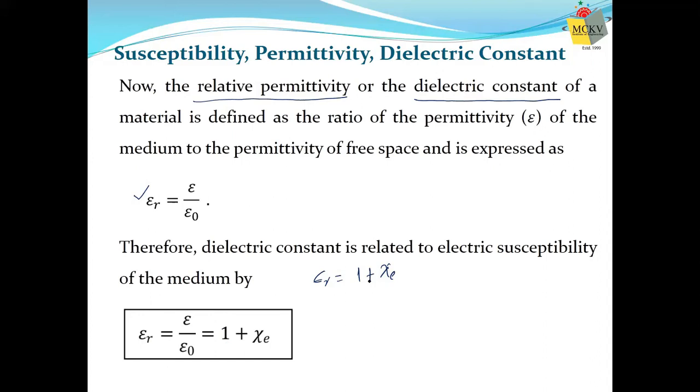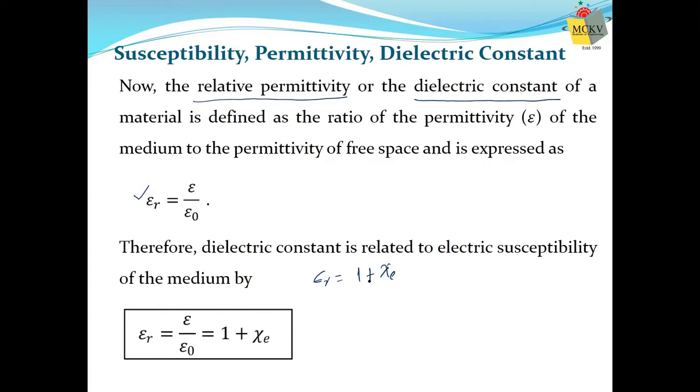So you understand, whenever you are talking about a material, say O2, a non-polar dielectric medium, or say H2O, a polar dielectric material, you need to specify some characteristic quantity of those materials.